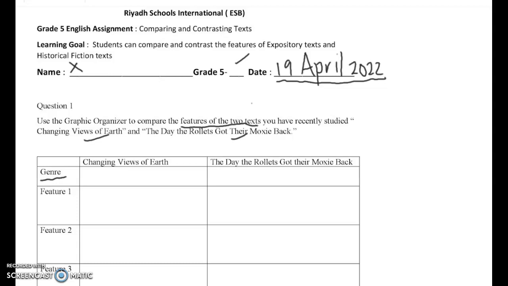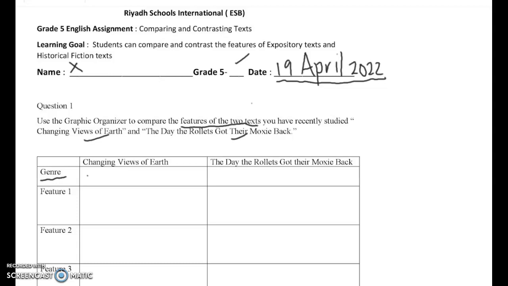We have fables, folk tales, realistic fiction, historical fiction and expository text. Now, what type of genre are Changing Views of Earth and The Day the Rolets Got Their Moxie Back? We need to write that in there, and that will give you a mark each.